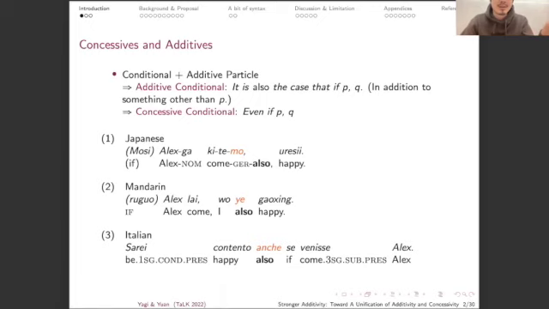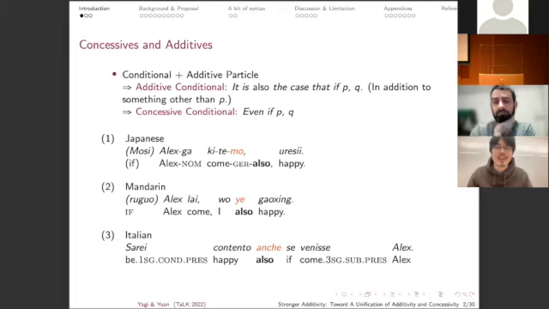So this conditional means if Alex comes, I'm happy, but we are also putting the additive particle at the end of the antecedent, and it implies there is someone else such that if that person comes, I'll be happy too.